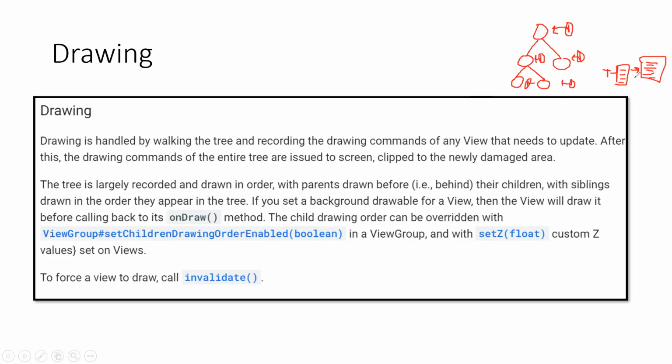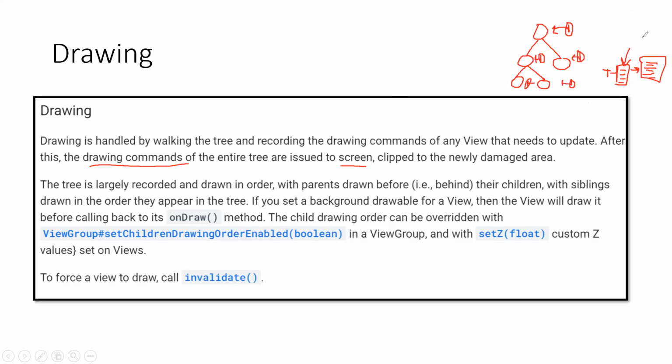Now after this depiction, just read it. Drawing is handled by walking the tree and recording the drawing commands of any view that needs to update. After this, the drawing commands, which are written in a list by the guy, for the entire tree are issued to the screen.